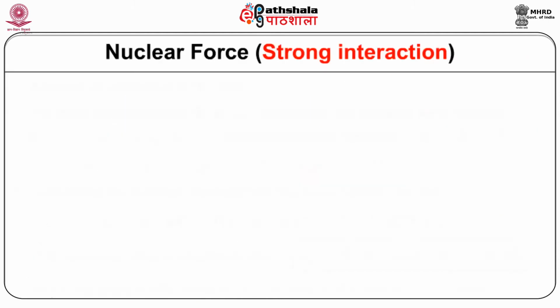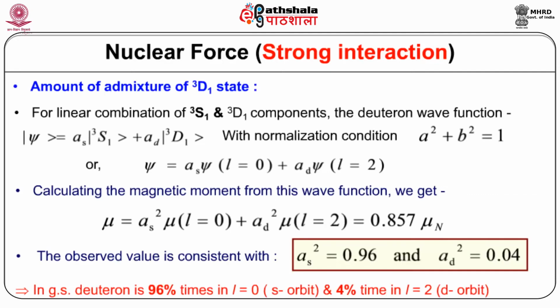Nuclear force, strong interaction. So we have learned up to the previous slides that there can be an admixture of two states, that is L is equal to 0 and L is equal to 2, in the ground state of neutron. The amount of admixture, that is in what ratio the two states are mixed in the ground state of neutron, we are going to study in this slide.